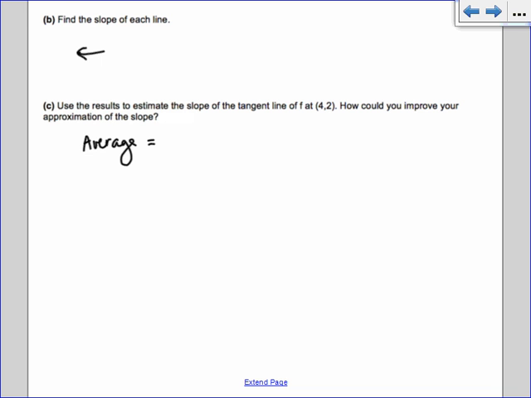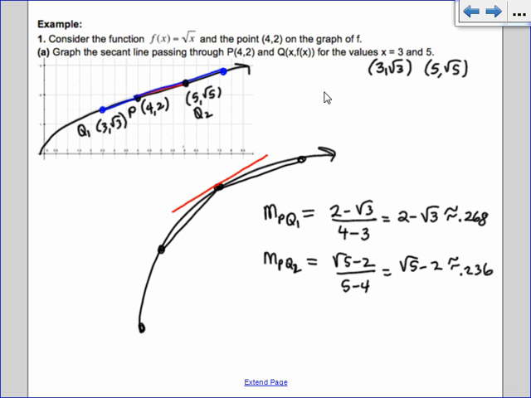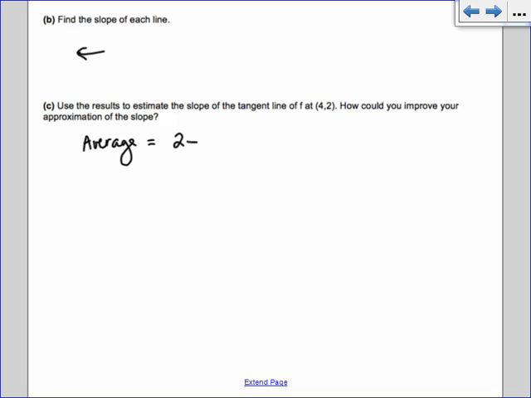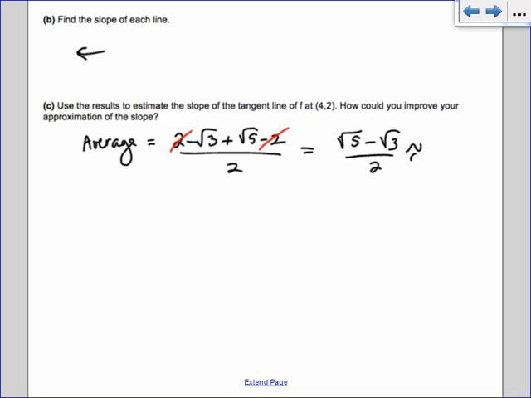If I write it out with the roots, it'd be 2 minus root 3 plus root 5 minus 2, all divided by 2. And the 2's end up canceling. So we get root 5 minus root 3 all over 2. That would be the average, which is approximately 0.252.